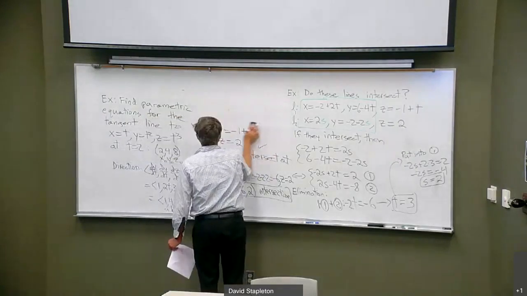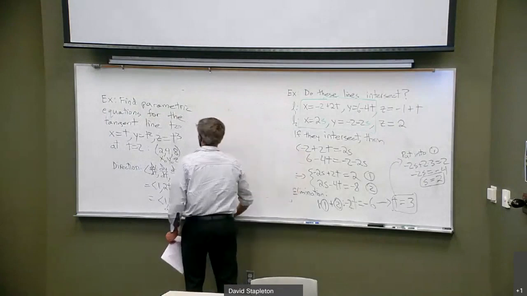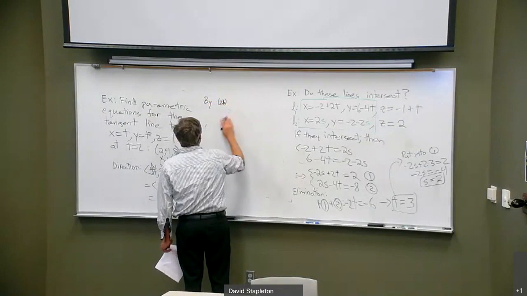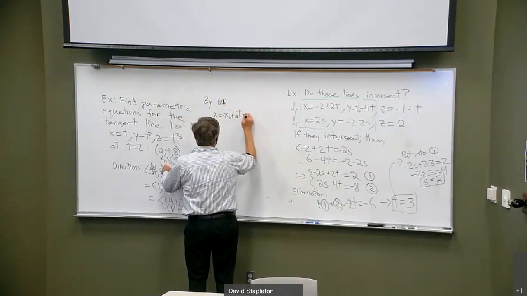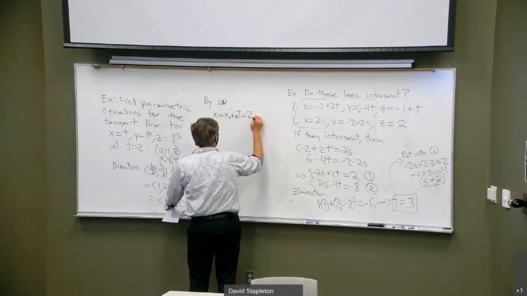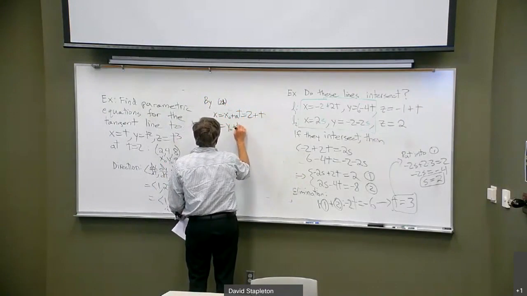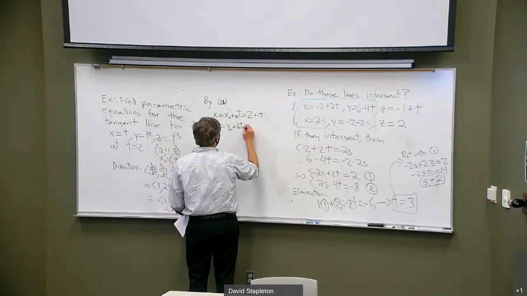I just write down equations 2b. By 2b, which said x equals x0 plus at, that must be 2 plus 1t. y equals y0 plus bt. All I need is the point and the direction vector, which is then 4 plus 4t.